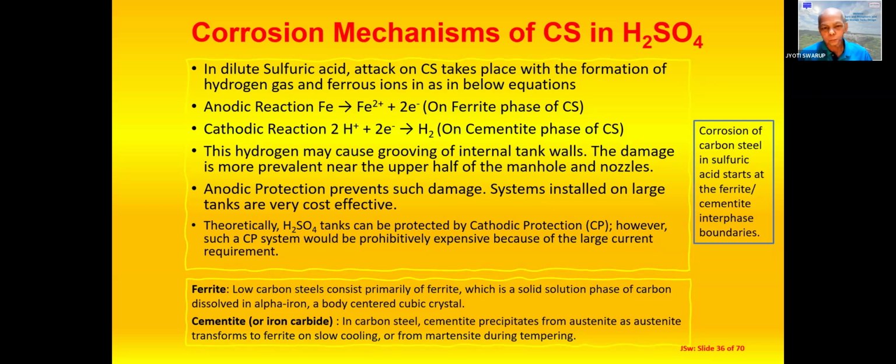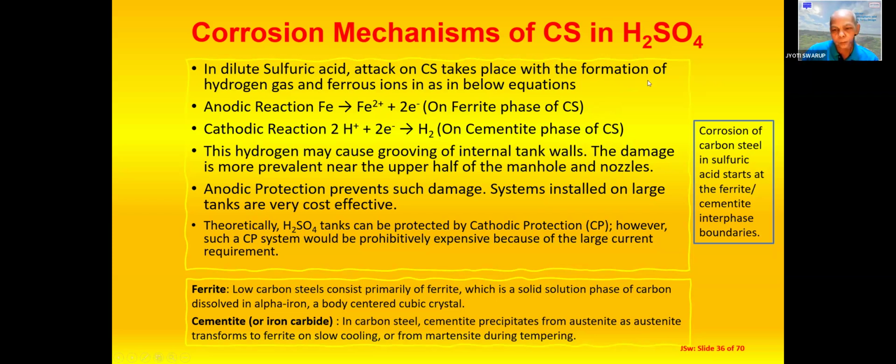In dilute sulfuric acid, attack on carbon steel takes place with the formation of hydrogen gas and ferrous iron in the below equations. The anodic reaction is Fe = Fe2+ + 2 electrons on the ferrite phase of carbon steel. The cathodic reaction is 2H+ + 2 electrons gives you H2 on the cementite phase of the carbon steel.